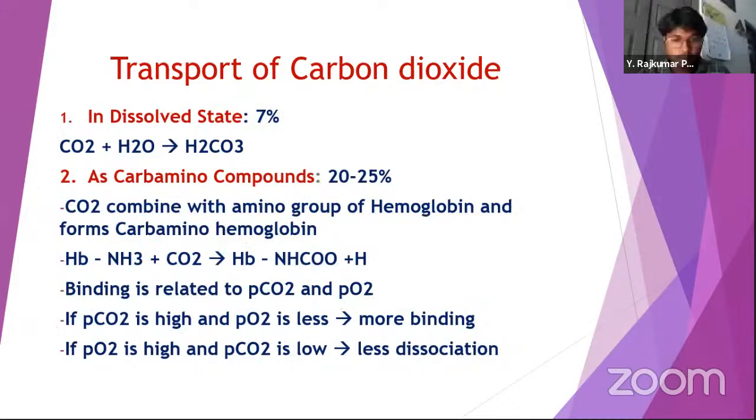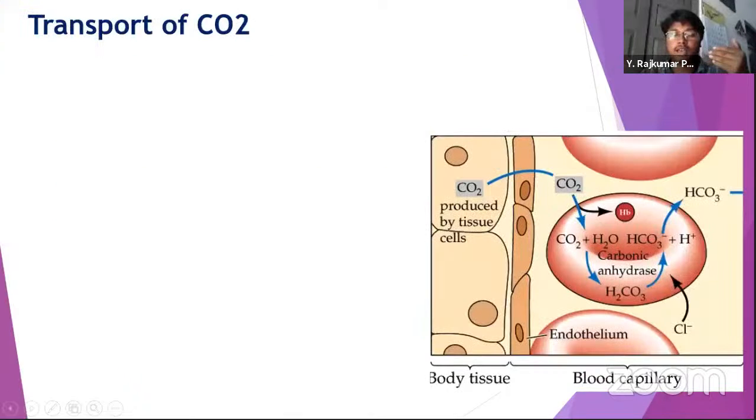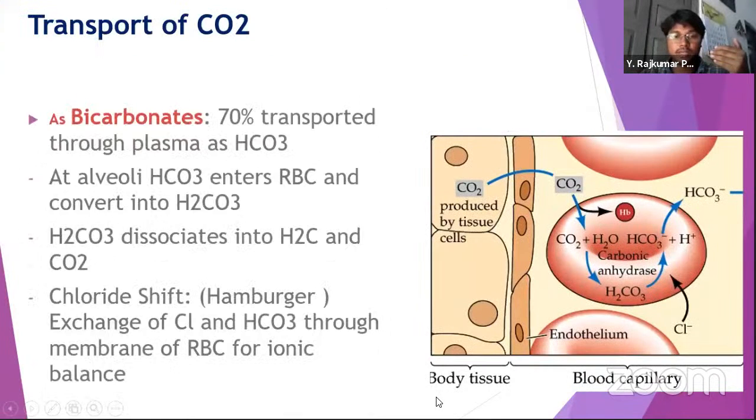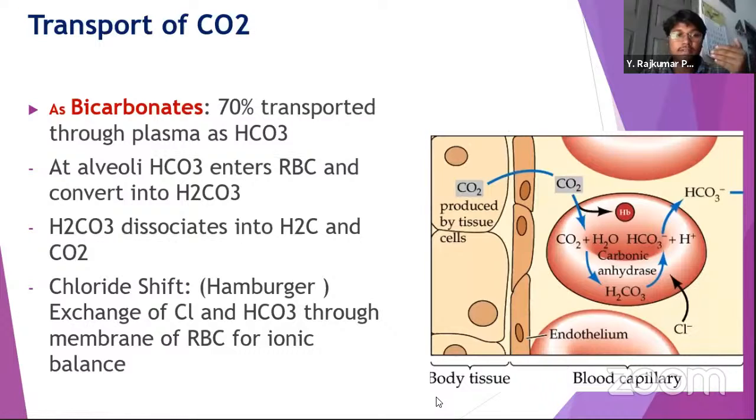In this, we will learn the third way of transport of carbon dioxide. Around 70% of the carbon dioxide is transported in the form of bicarbonates, through plasma as bicarbonate.